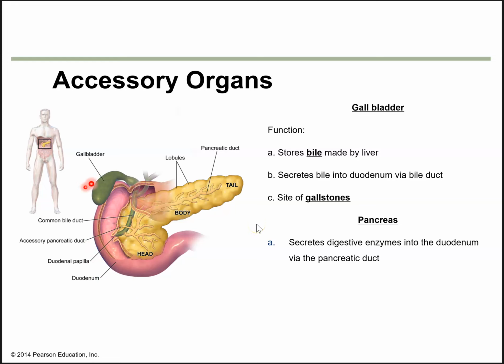The gallbladder is the main site of gallstones, and gallstones form in the gallbladder when the cholesterol or bilirubin levels in the blood are really high. There are other things like liver diseases or blood diseases like sickle cell anemia, or liver diseases like cirrhosis, that can cause gallstones in people.